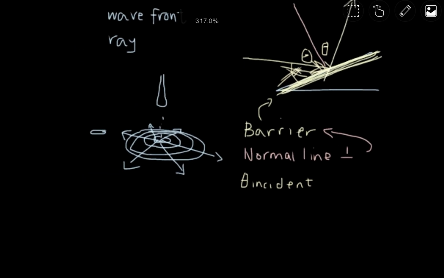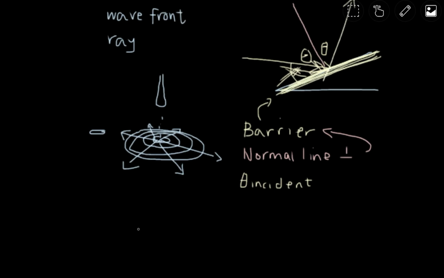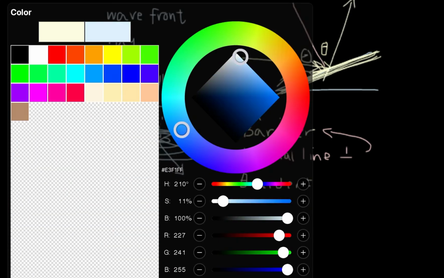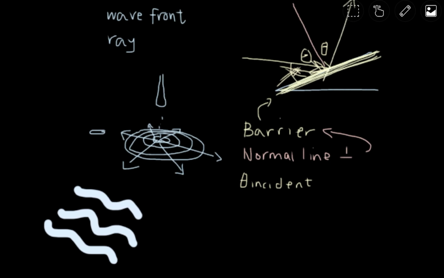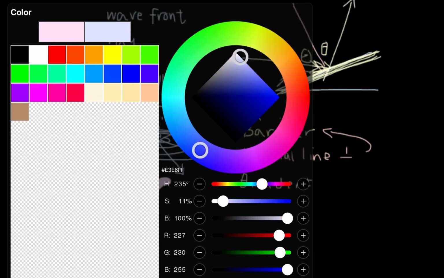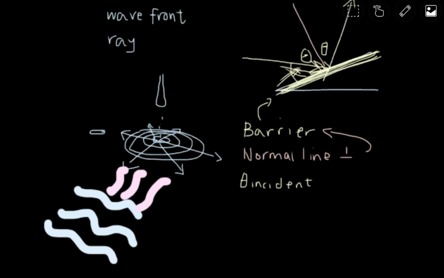So if you got waves like this in a diagram, and then you got other strange waves that look like this, and you're asked to draw the ray, this is a good way to test your knowledge to see if you actually understand the concept of waves and rays. These are waves, kind of like these circles here, right? We've got the waves. Now the rays are perpendicular to the wavefronts.